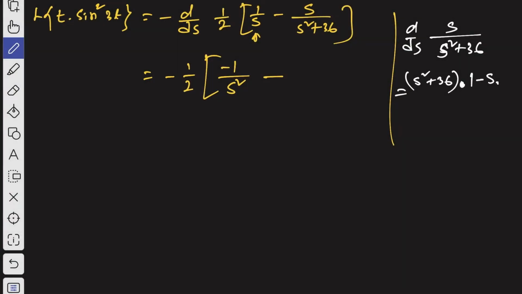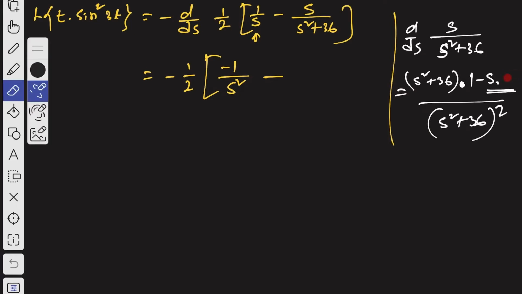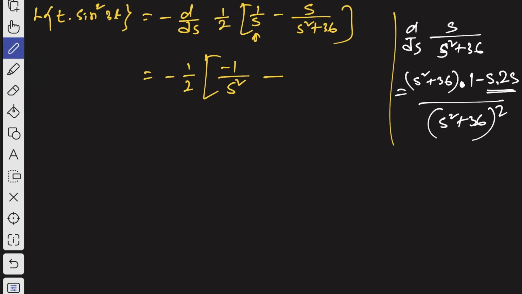If you find the derivative of s square plus 36, the derivative of s square is twice s, and the derivative of 36 will be 0, so we will get s into twice s here, by the denominator square, s square plus 36 whole square, right? That's what we will get. So let me write it clearly, twice s. So hope you have understood this.